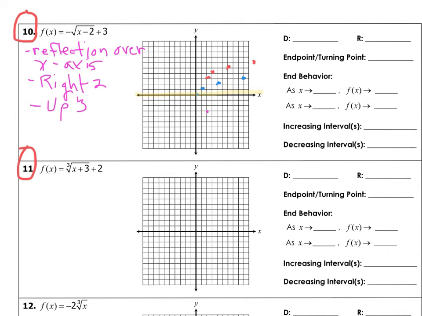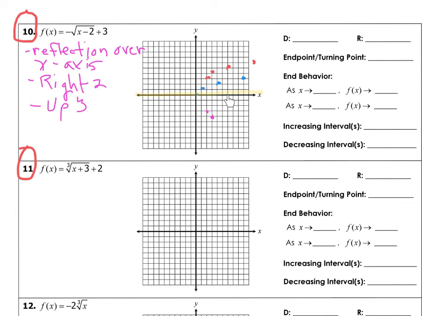Then for the next point, I am 1, 2, 3, 4 away. So I have to reflect in the opposite direction. 1, 2, 3, 4. So that's where my next point will end up, right there. And then this point is 1, 2, 3, 4, 5 away.